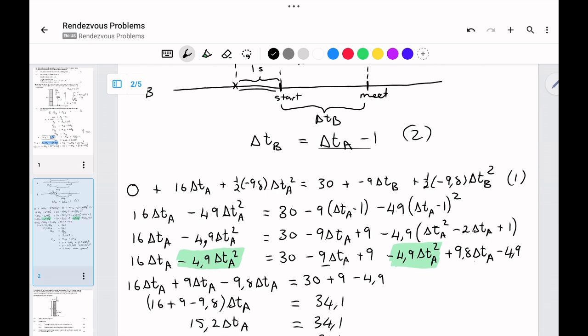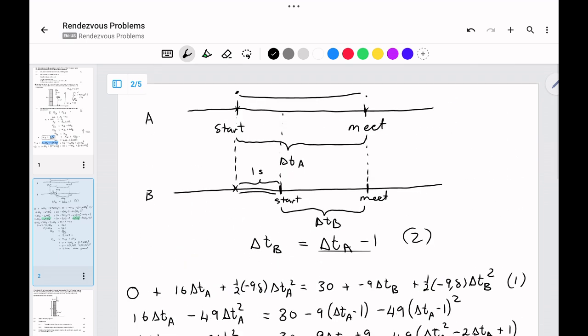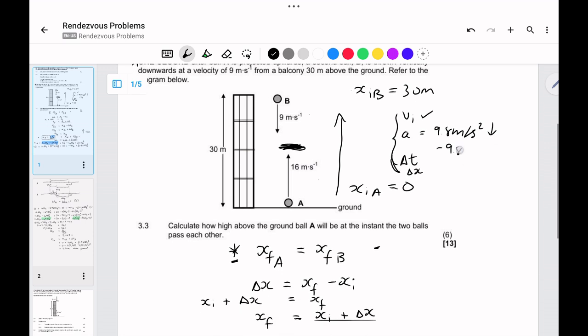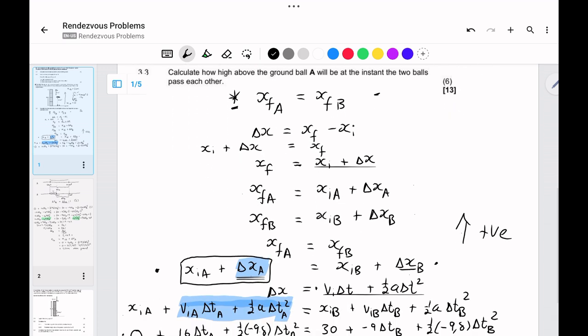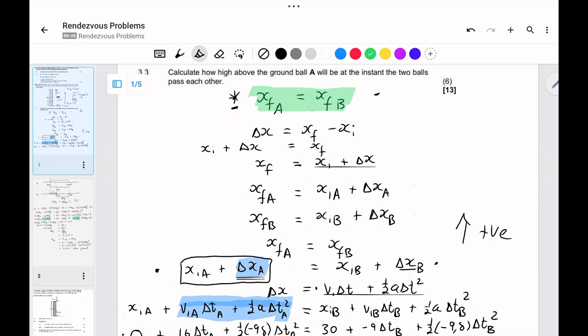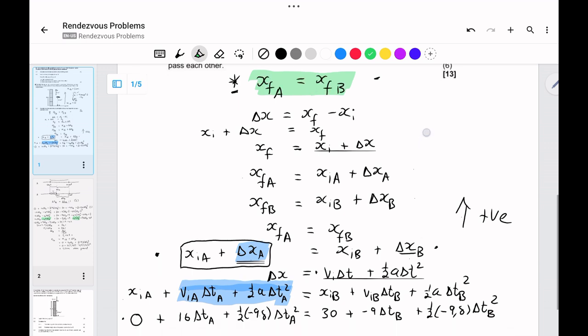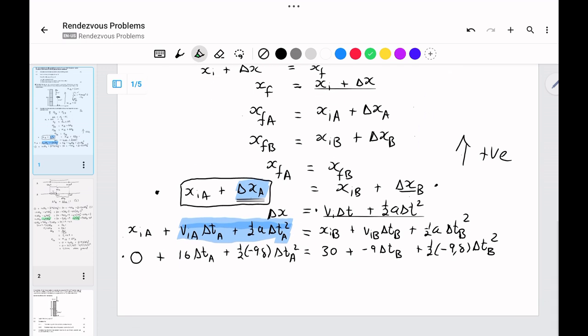Let's just recap the critical part. So we said that in order to solve the problem, this was the main idea, that the final positions were the same, and we turned that into an equation that looked like this, which we further developed into this equation over here.